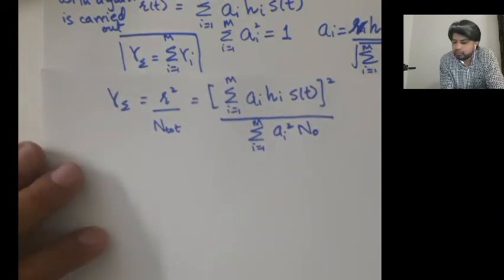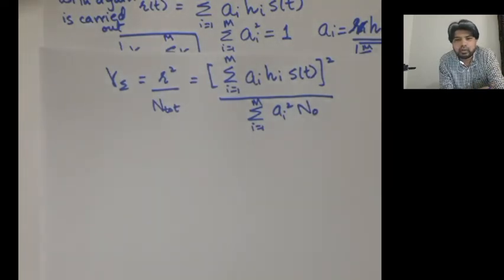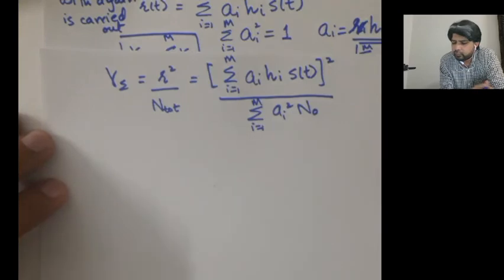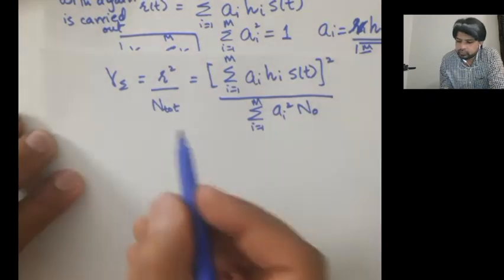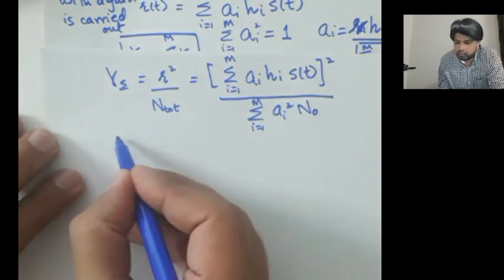And again, now you can see that you can make use of the Jensen's inequality here to prove what is your gamma sigma max. So let me write it down here.